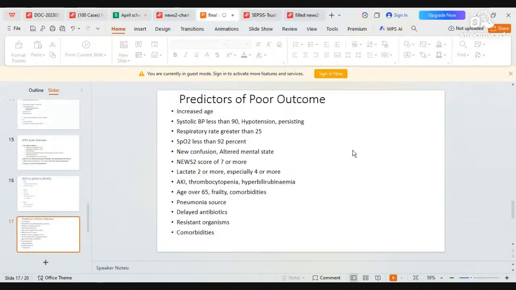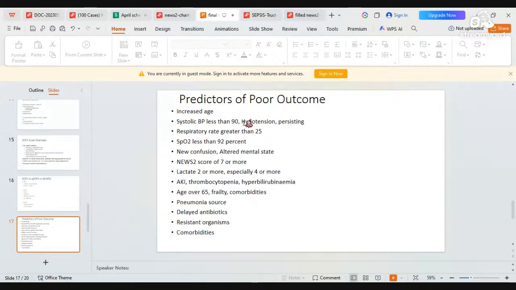So basically, I try to look at what can predict poor outcome in a patient with sepsis. So for instance, in our index case, this patient is elderly, so her age, poor outcome increases with increasing age. The blood pressure in this patient was hypotensive.